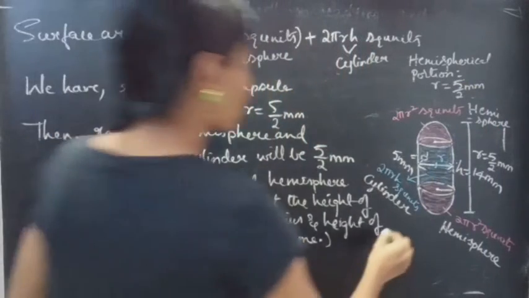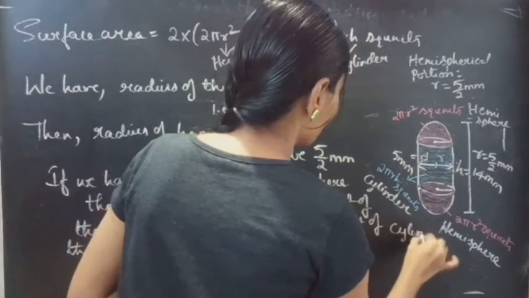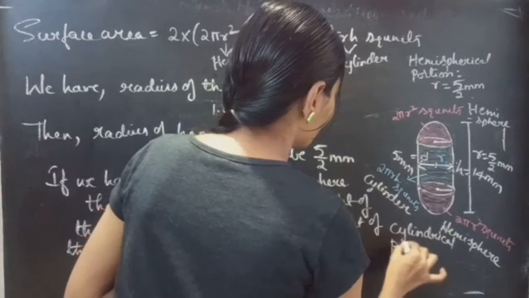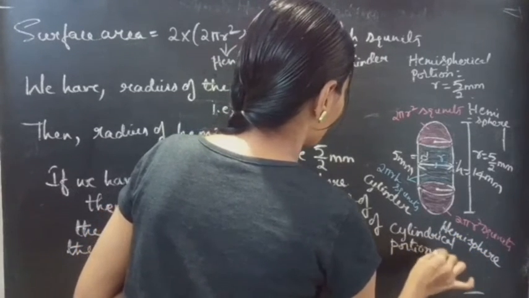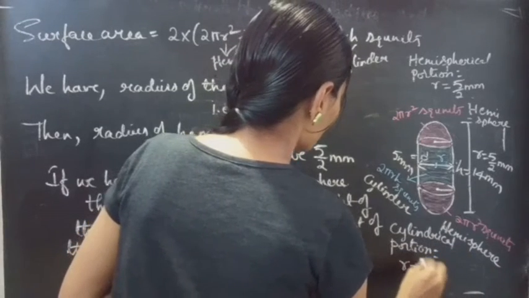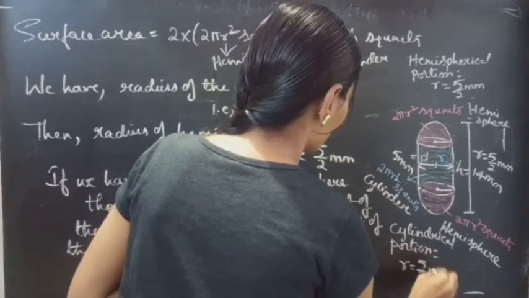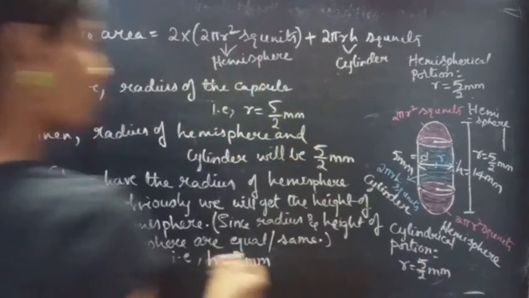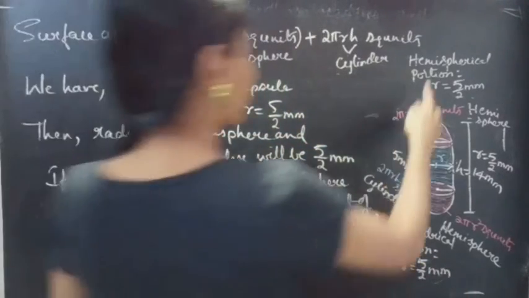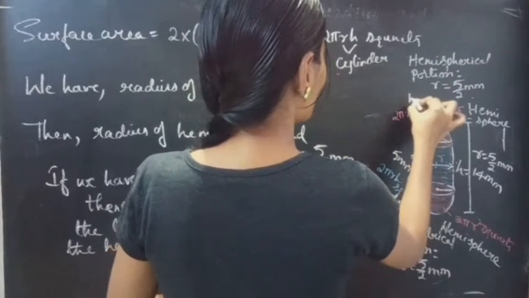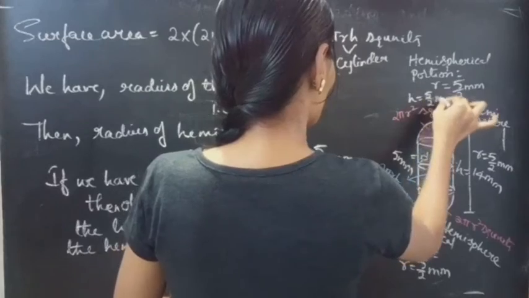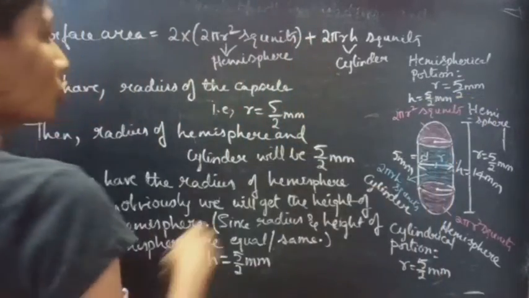And from the cylindrical portion, we have r equals 5 by 2 mm. And the height of the hemispherical portion is also 5 by 2 mm. Now what do we need to find?